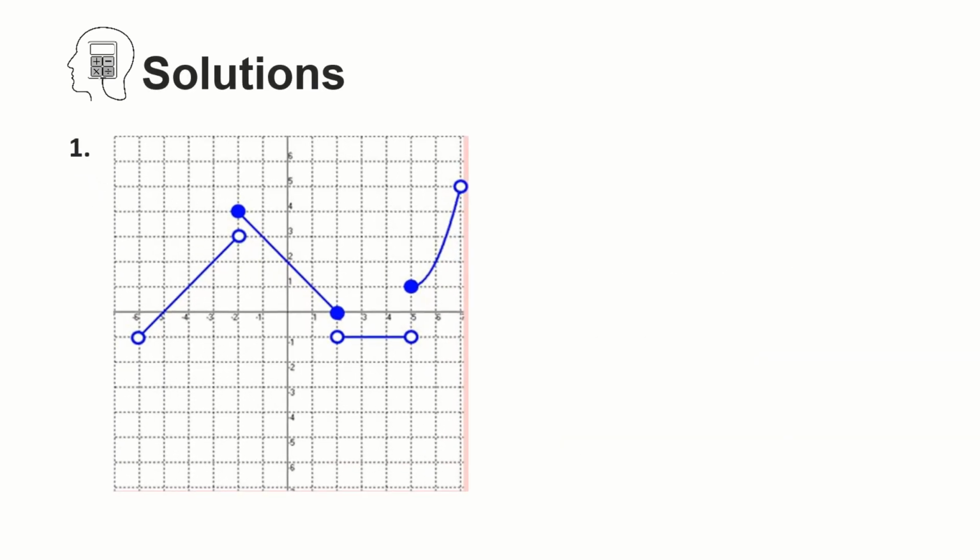So for number 1, we have here 4 subfunctions. Let's say this is S1, this is S2, S3, and then S4. So where did our function start?